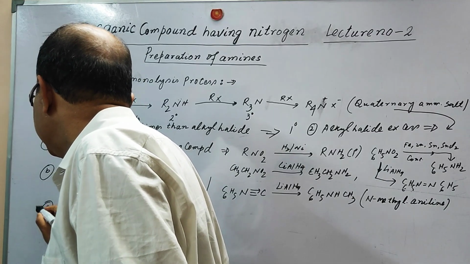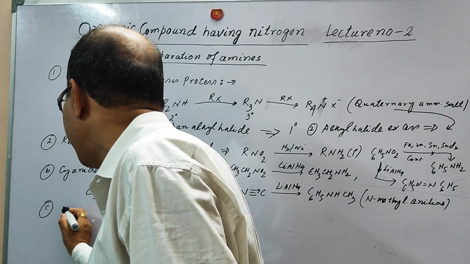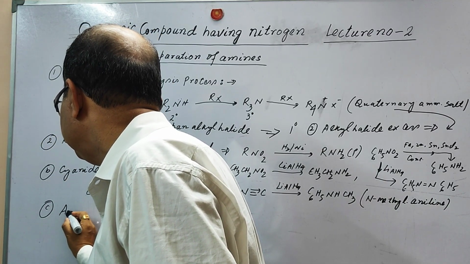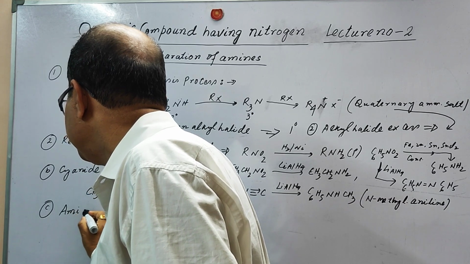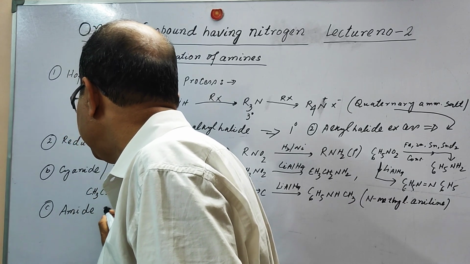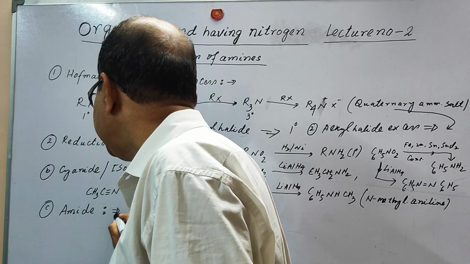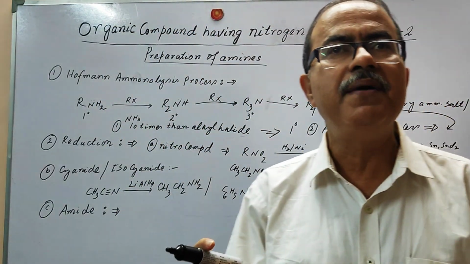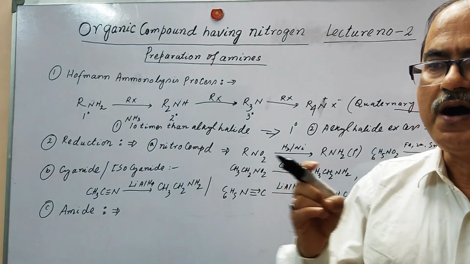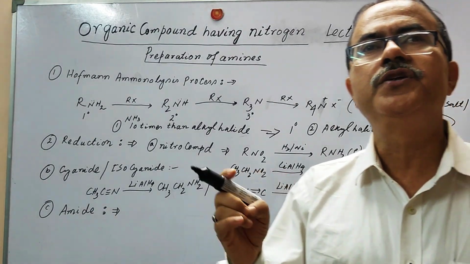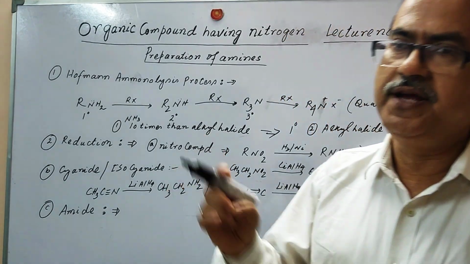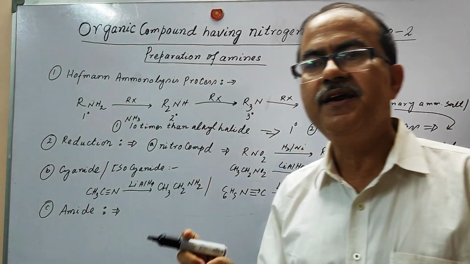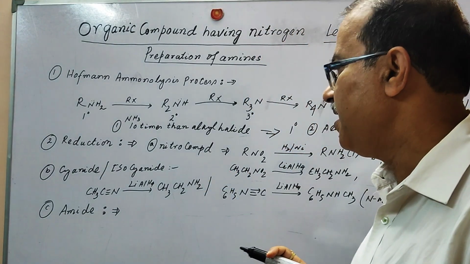See that we are also reducing the amide. When we reduce the amide, we can get different types of products. If we use a 1 degree amide, you get a 1 degree amine. If you use a 2 degree amide, you get a 2 degree amine, and a 3 degree amide gives a 3 degree amine.